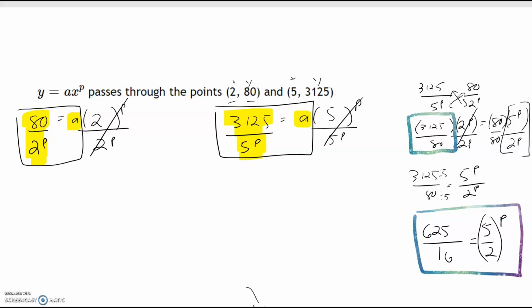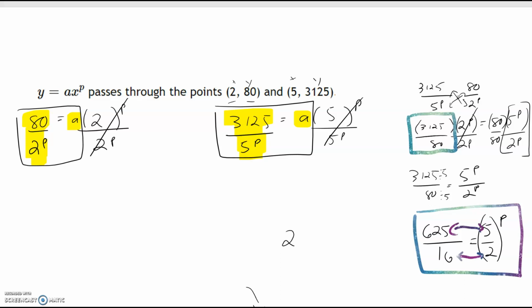And at this point, usually we solve these equations with logarithms. We're going to learn that later this semester, because my variable is an exponent. But we don't have logarithms yet, so it's kind of a trial and error thing. So if you look at this fraction, you could ask yourself, 5 to what power gives me 625? And whatever that is, 2 to that same power should be 16. That's what p is. So it's a little bit of trial and error, so I would focus on the 2.